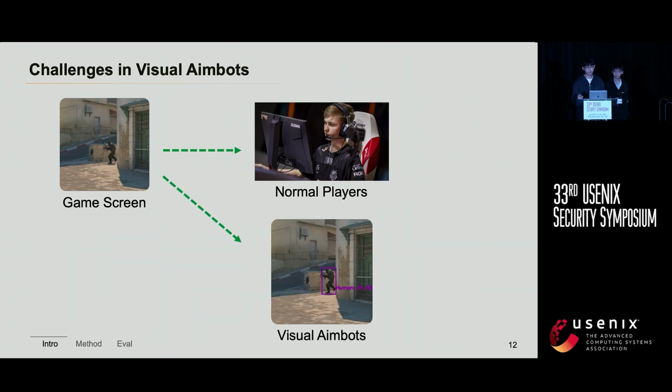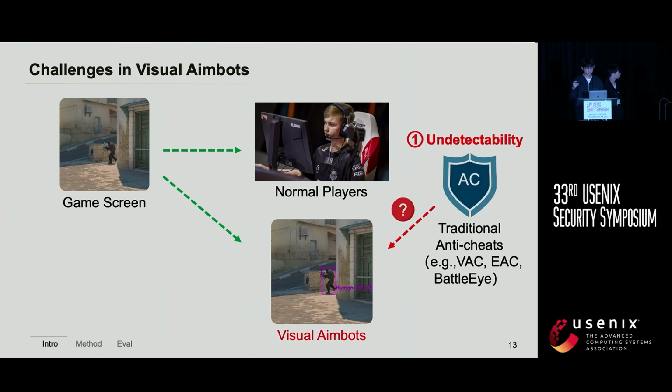However, visual aimbots operate independently of the game memory data. Just like normal players, they only need to take action while looking at the screen information. To achieve cheating, they only need to rely on screen images or videos. This makes the existing anti-cheat dysfunctional.